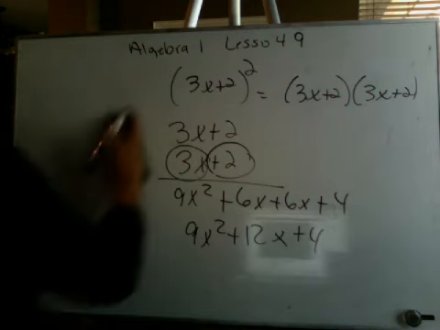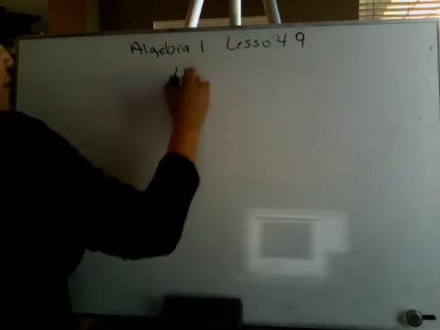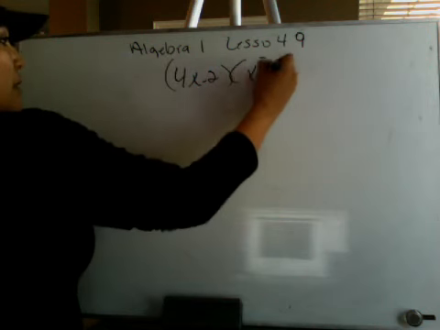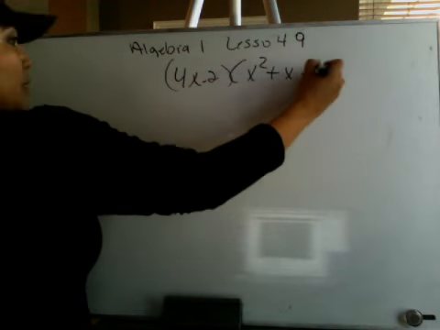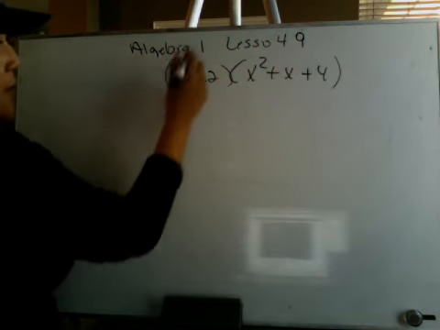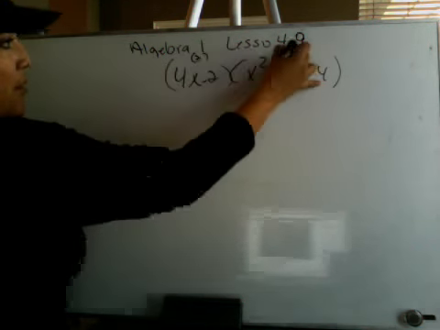Right? So let's try one a little bit more complicated, which is 4x minus 2 times x squared plus x plus 4. The first thing you do is you want these in descending order. Then I've got 2 terms times 3 terms.